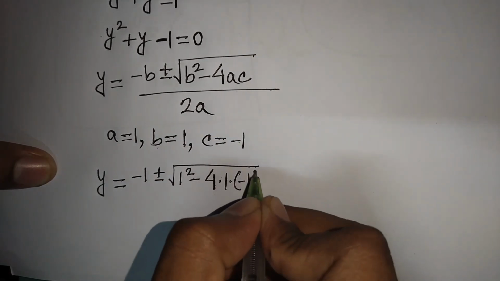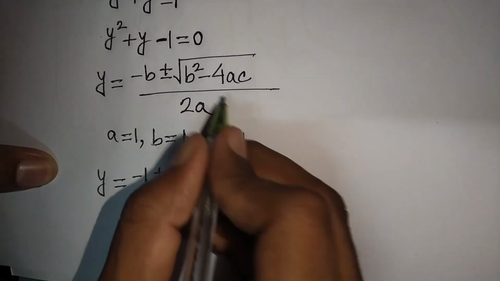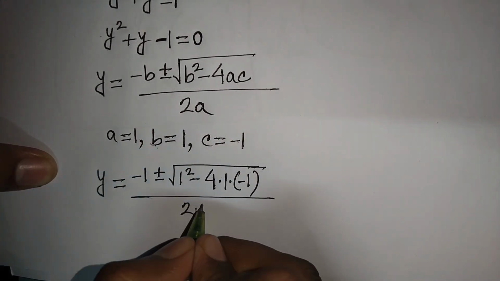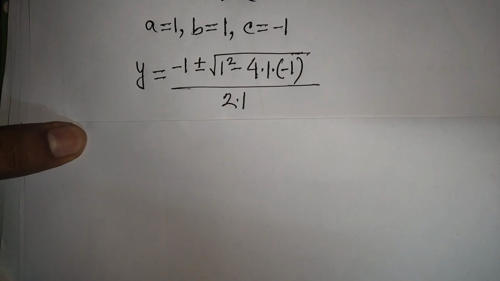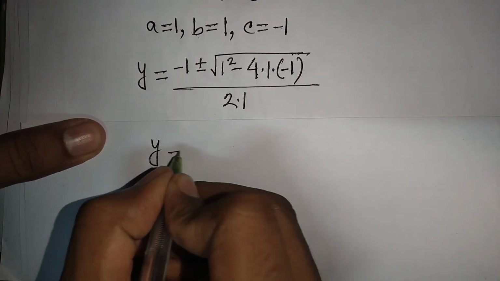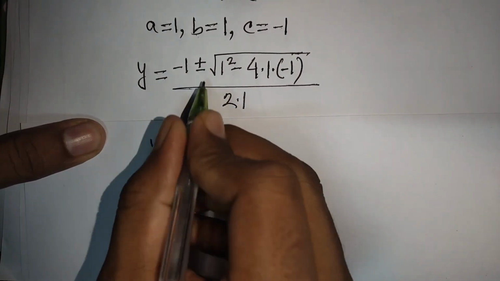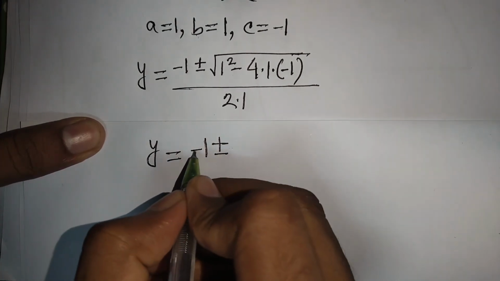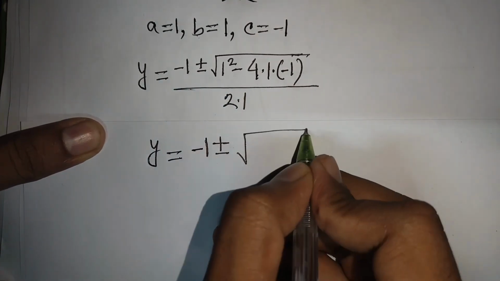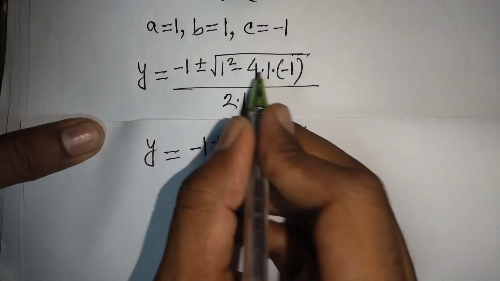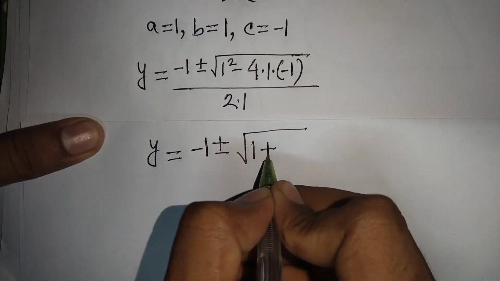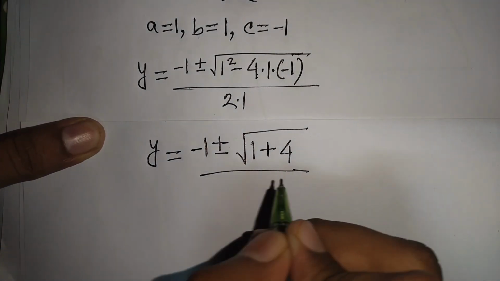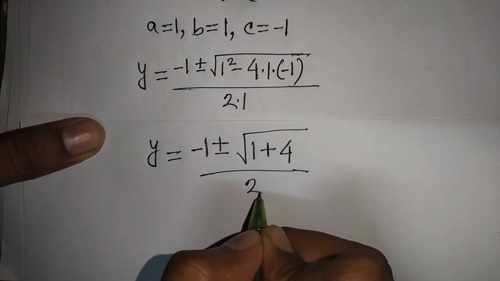So it will be bracket negative 1, divided by 2 times a, that means 1. Now we can write here y is equal to minus 1 plus or minus square root of 1 square is same as 1, minus times minus, that means it will be plus 4 times 1 times 1, that means 4, divided by 2 times 1, that means 2.